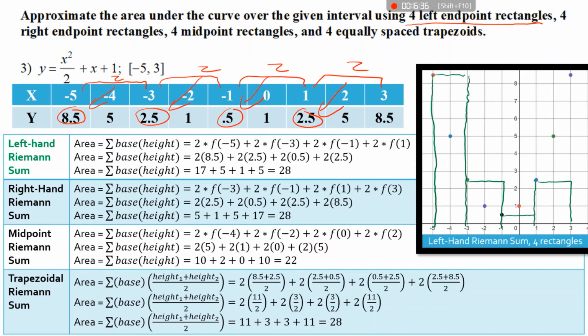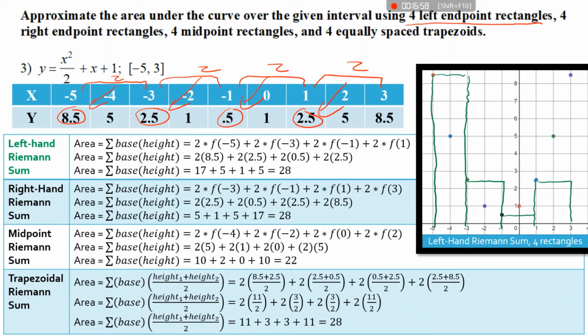So to determine which numbers we should choose, we must look at the most right-hand side number, right? So to figure out which values you're going to use for your x values, I'm going to take my start minus my finish.